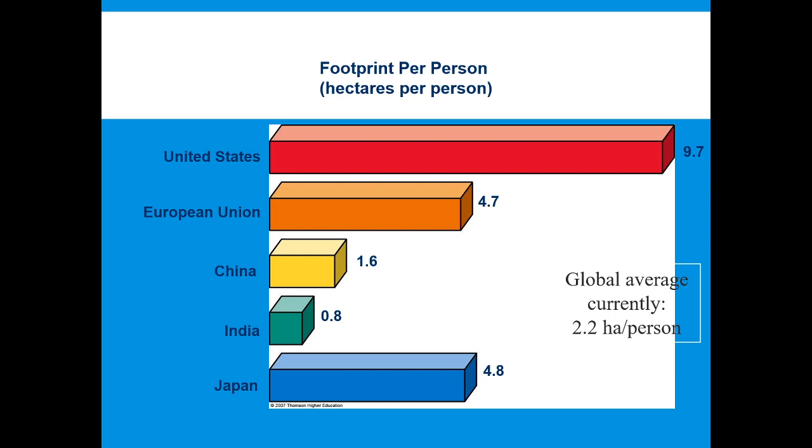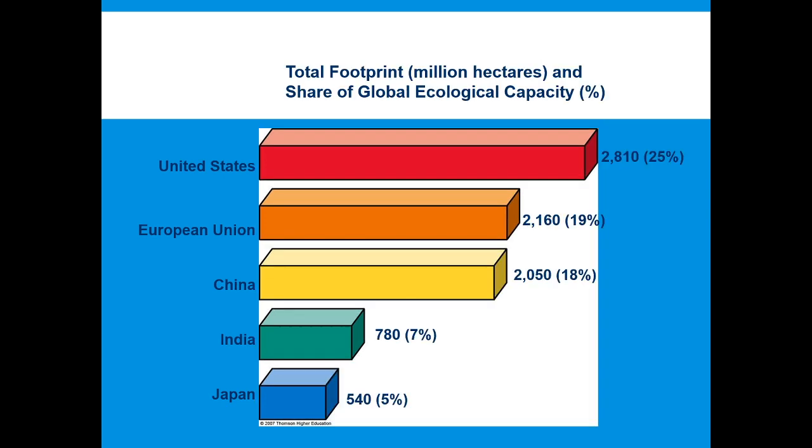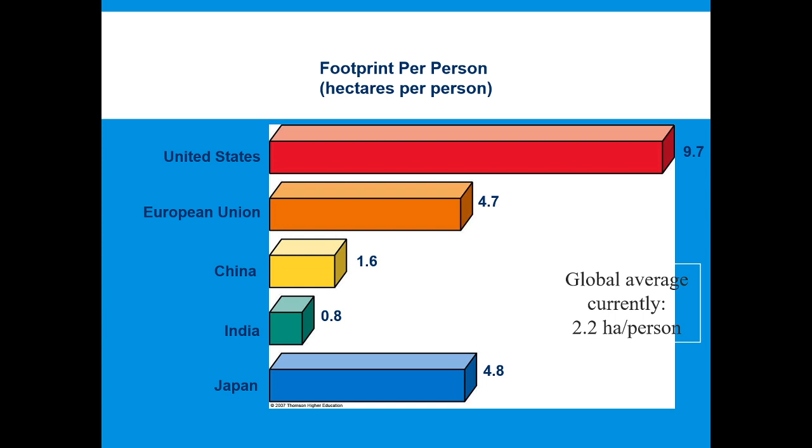This is because Japan, although they have a small overall share, has a smaller land area and more people per land area, so the per person number goes up.